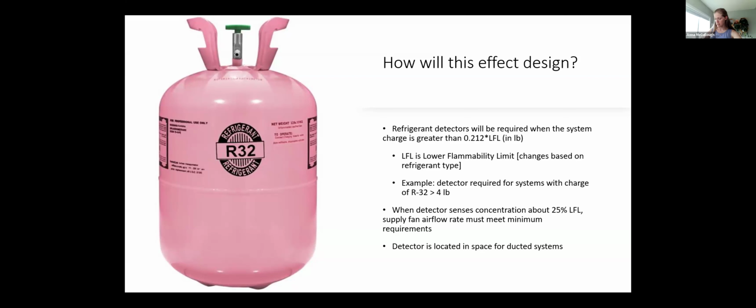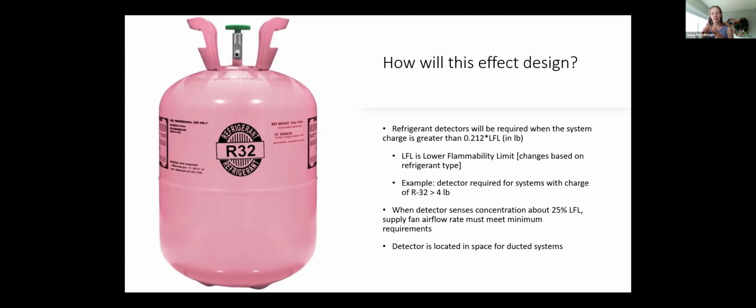I think, Danny, if I'm understanding your question correctly, the engineer of record is going to be responsible for providing the calculations to determine what life safety requirements are required.